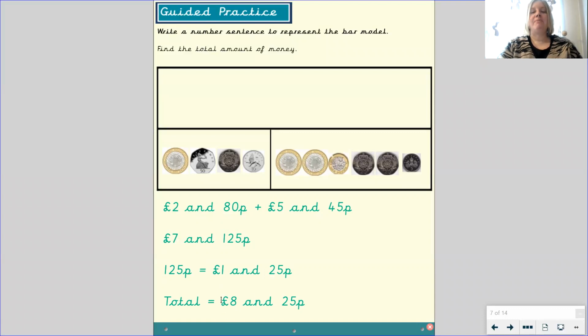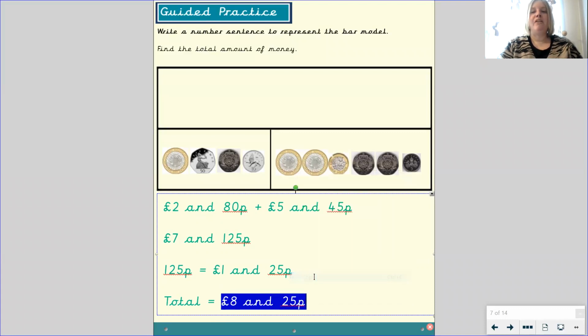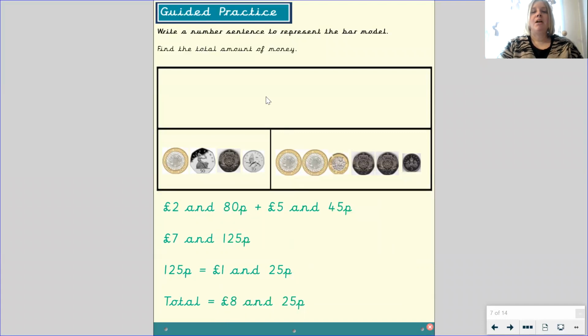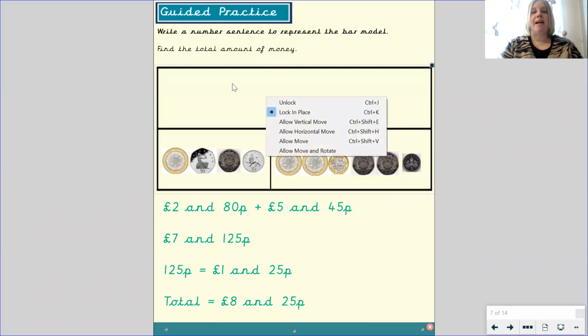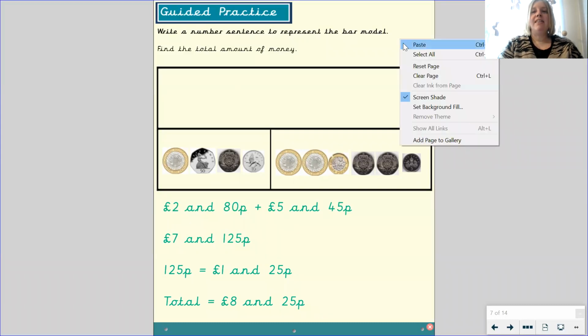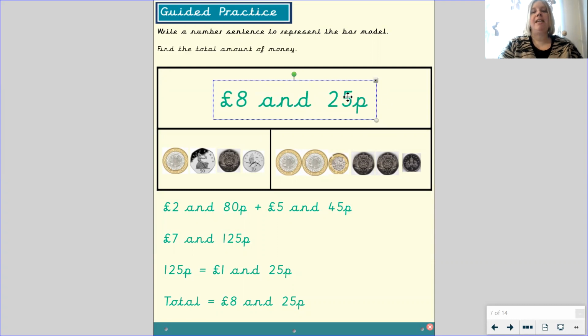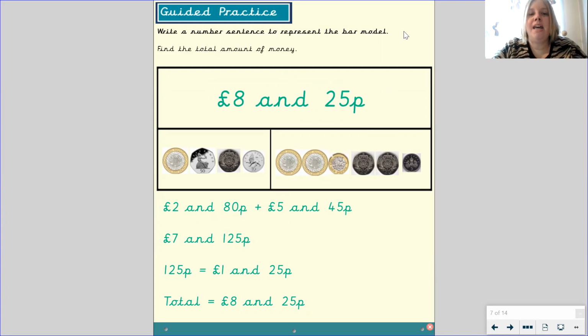Then I've added my pence to make £8 and 25 pence. Once I found the total amount, I can write this in the top of my bar model, because this shows me the total amount of money that I have when I add the two parts together.